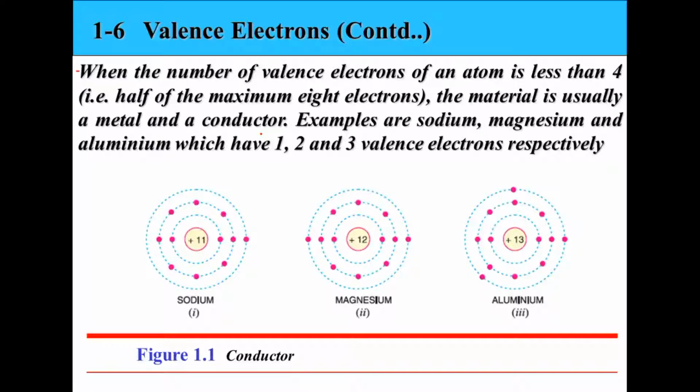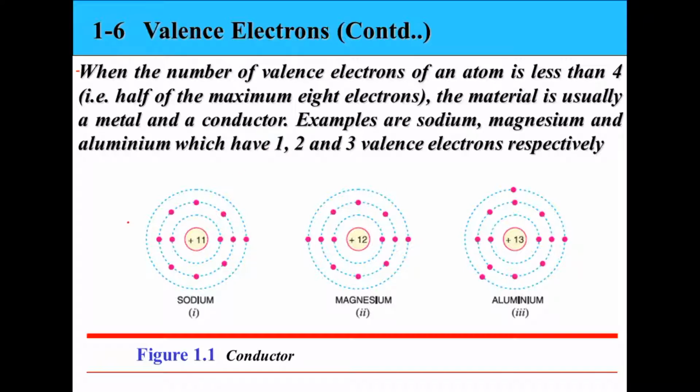Now, this is a rough rule, and we are not saying it is applicable to all atoms, but to some extent we can always apply this rule to determine whether a material is a conductor, an insulator or a semiconductor. When the number of valence electrons, that is the number of electrons in the outermost shell of that atom, is less than 4, the material is usually a conductor.